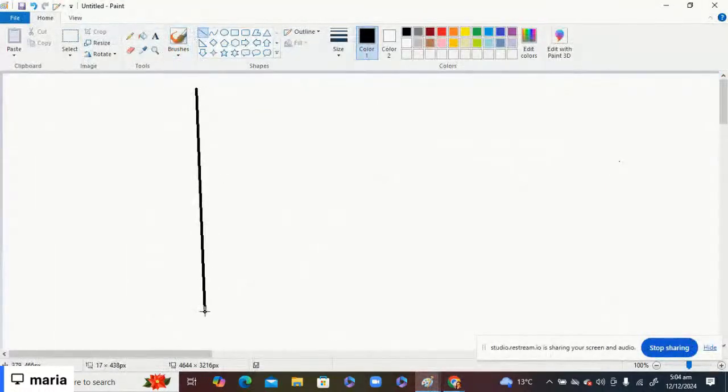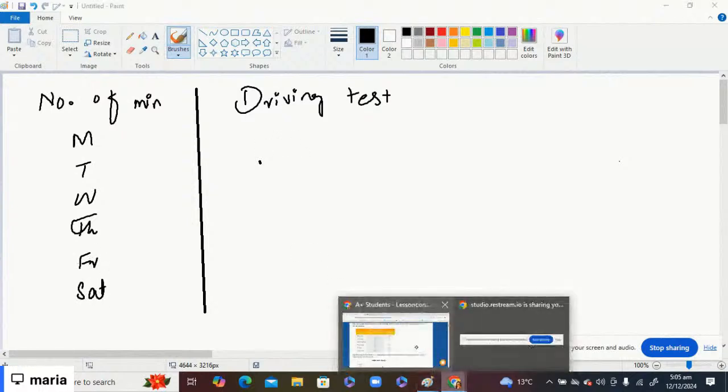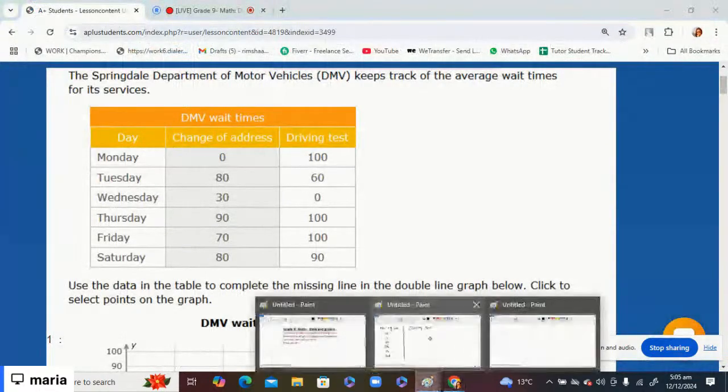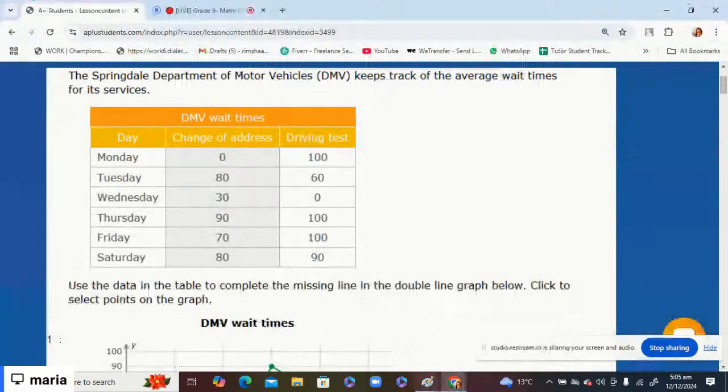Here the data is given, number of minutes, and here are the driving tests. The days are Monday, Tuesday, Wednesday, Thursday, Friday, and Saturday. And driving tests are 100, 60, 0, 100, 100, and 90.